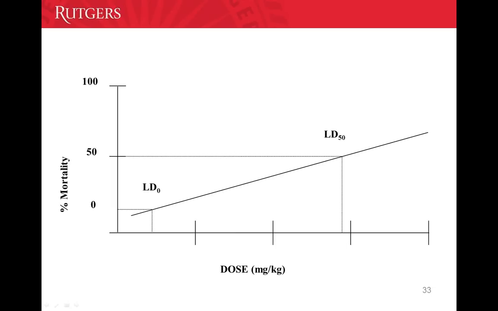Whereas in our second example, there's quite a wide range of doses between no effect and the effect that we have when we have 100% mortality. So it's a wide range.